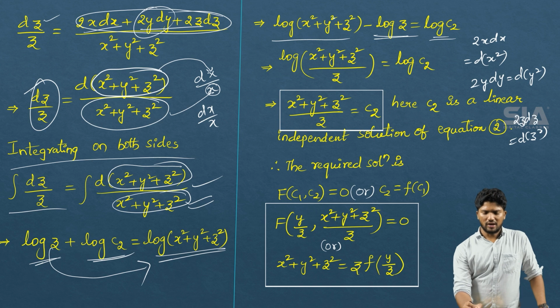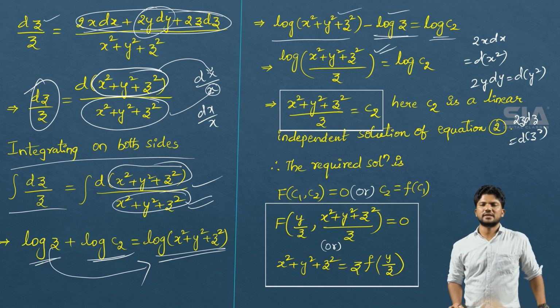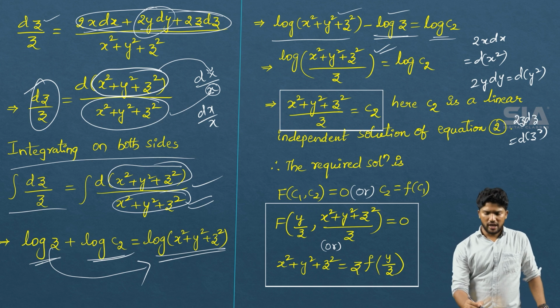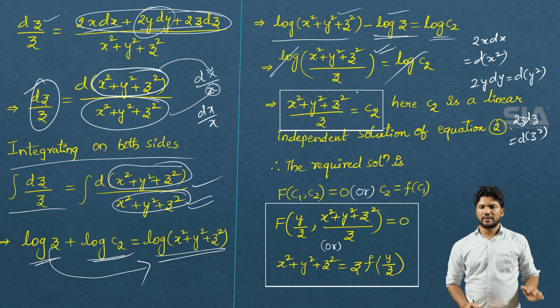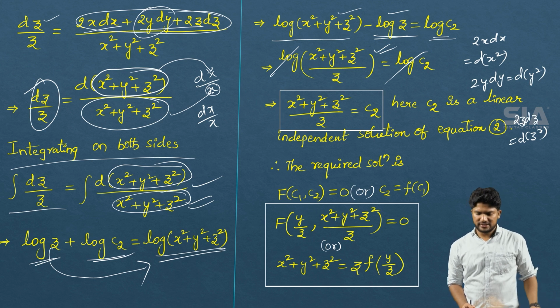Since log a minus log b is log a by b, log of (x square plus y square plus z square) by z is equal to log c2. On both sides, if you cancel log, the remaining values give (x square plus y square plus z square) by z is equal to c suffix 2.